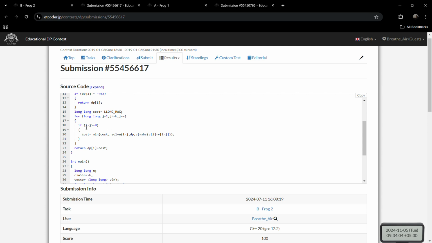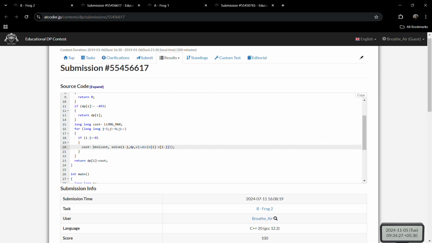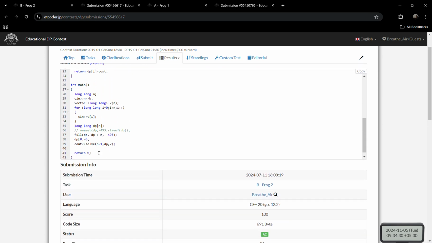And then finally, we take the cost as the minimum of cost and solve of i minus j plus the jump cost, for all j from 1 to k. And finally we update dp of i with the cost, meaning memorize the answer, and return it. So finally our solve of n minus 1 will give us the answer to reach the nth stone. Solve of n minus 1 gives the answer to reach the nth stone because I am using zero-based indexing.